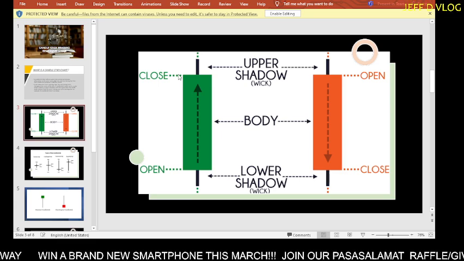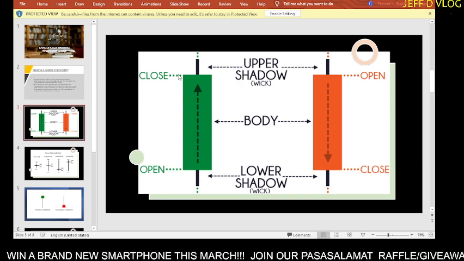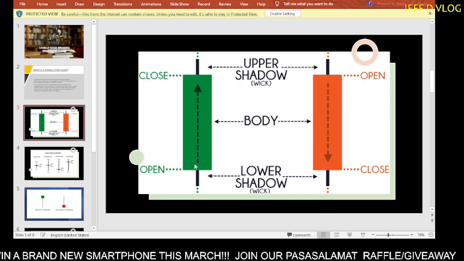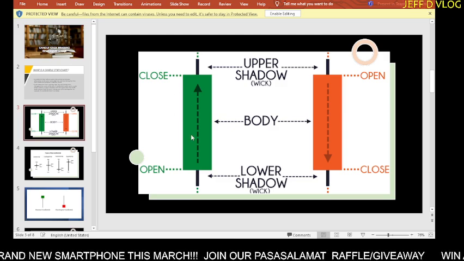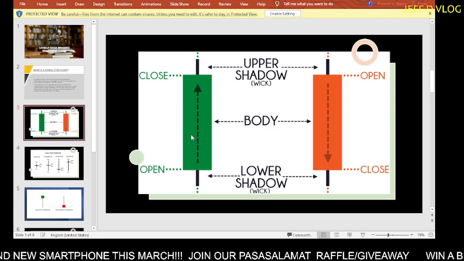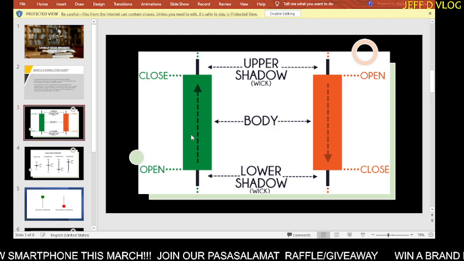So you have a 0.20 difference there. It becomes green because the closing is higher than the opening. That represents the bullish candlestick.